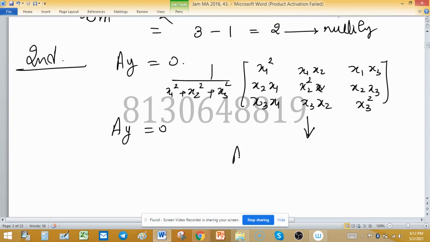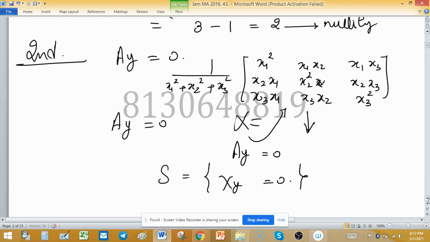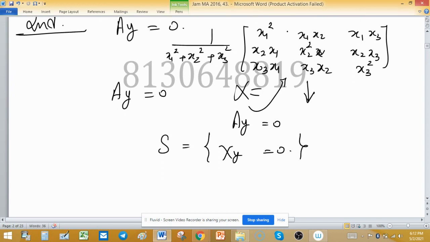Dimension of Ay equal to 0 means only find the dimension of this, so suppose we call this Ax, so Ay equal to 0. Now we have to find the dimension of this set, another set, you can say S. So the dimension of this one you can find by reducing it to reduced echelon form.